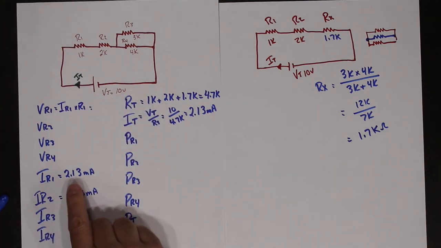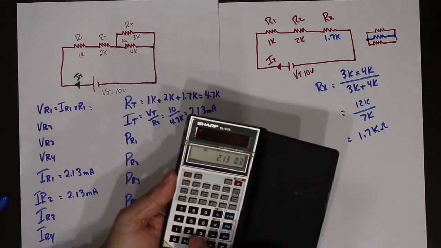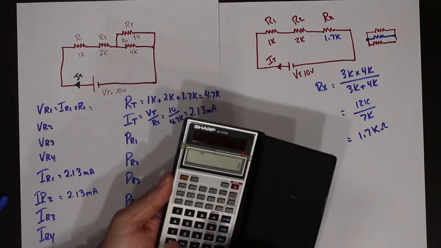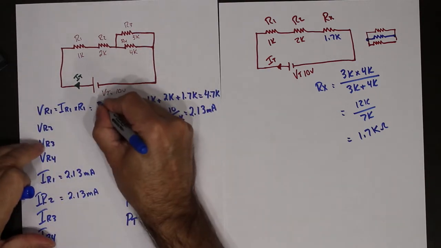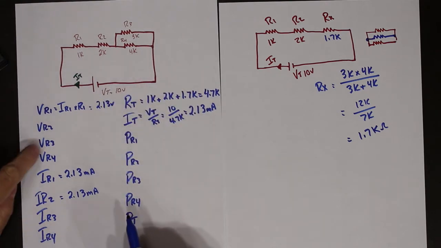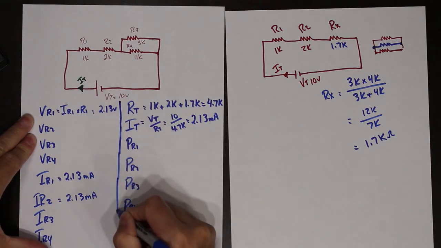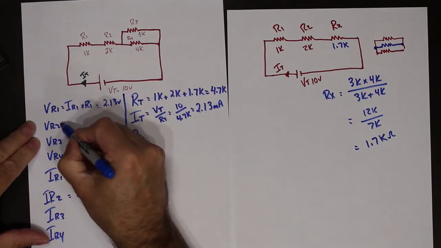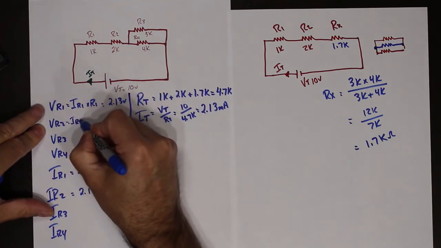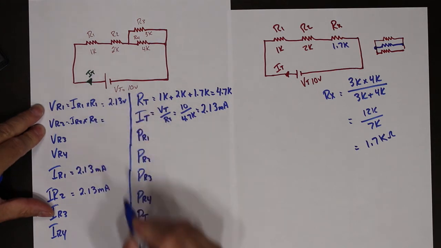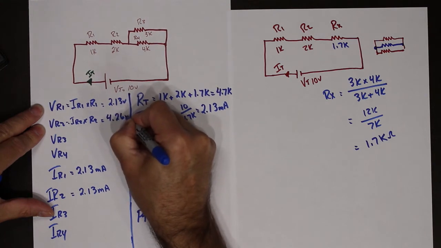IR1 is 2.13 milliamps, so 2.13 milliamps times 1K is 2.13 volts. VR2 is IR2 times R2, and that works out to be 4.26 volts.